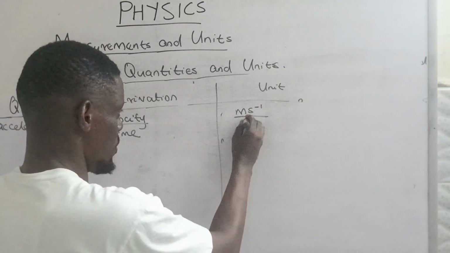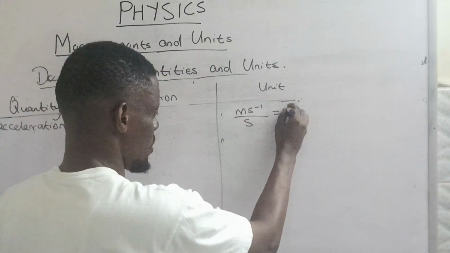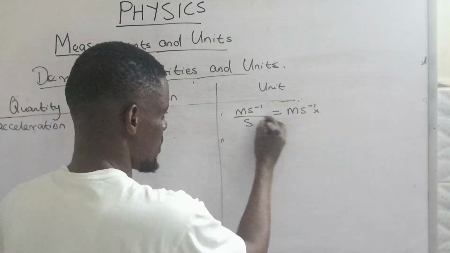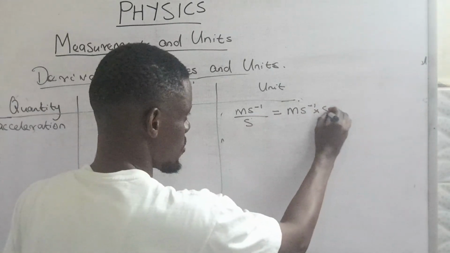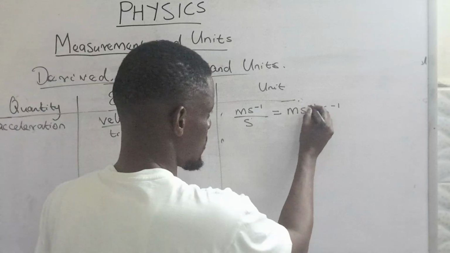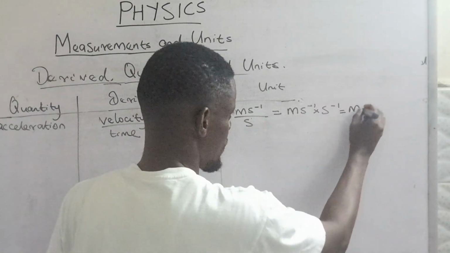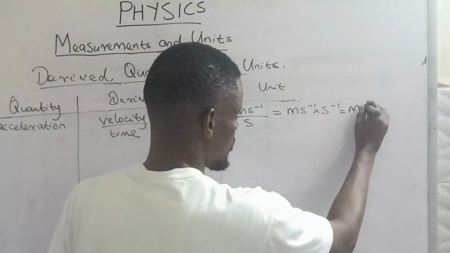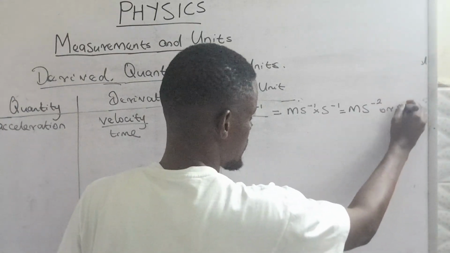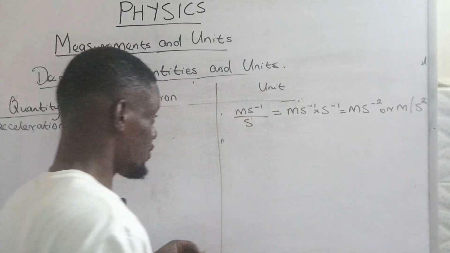The unit of time is second. So we have meter per second times second to the power minus 1. Now since this is s, this is s, we add the power. So this gives me meter, s to the power minus 2. Or you write this as meter slash second square.